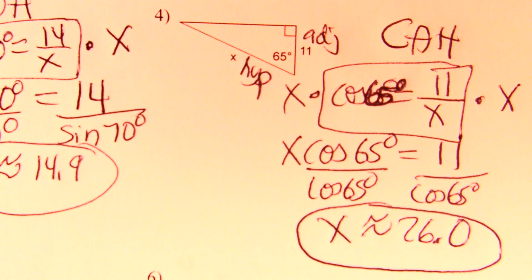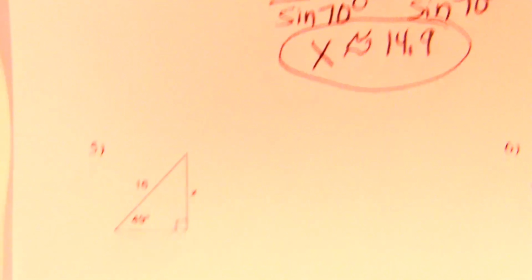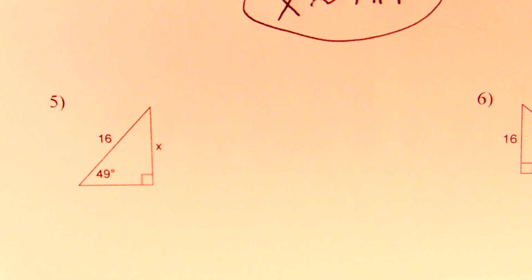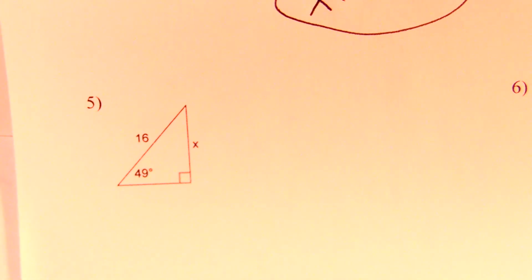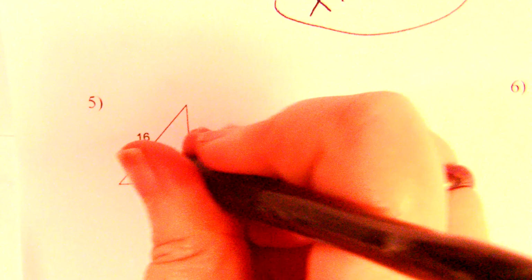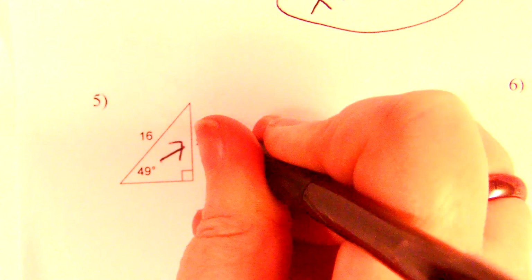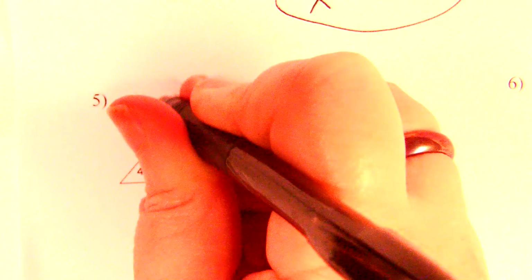There you go. Label the sides. We only have 2 more to do. Label the sides. Opposite, hypotenuse.